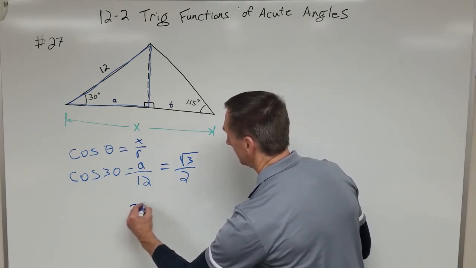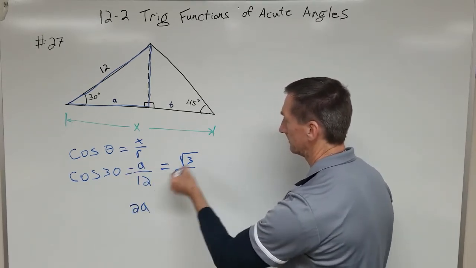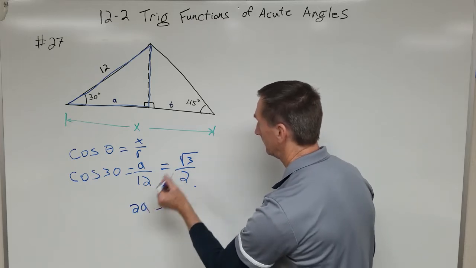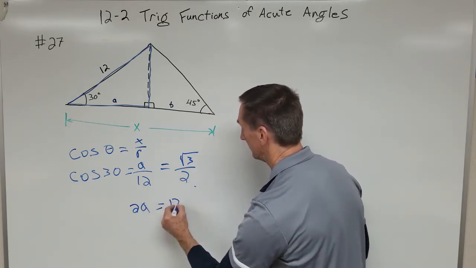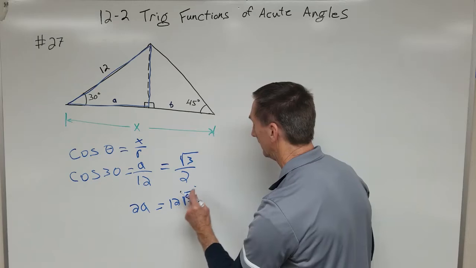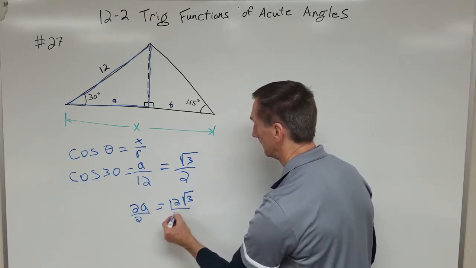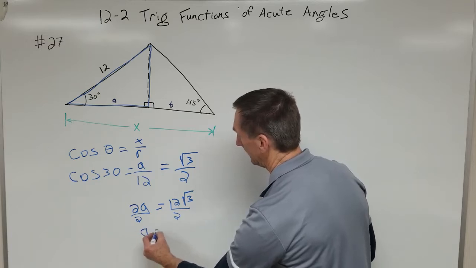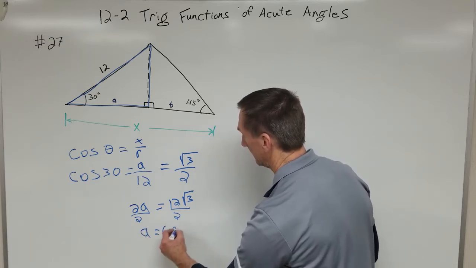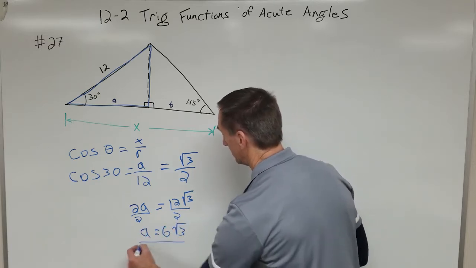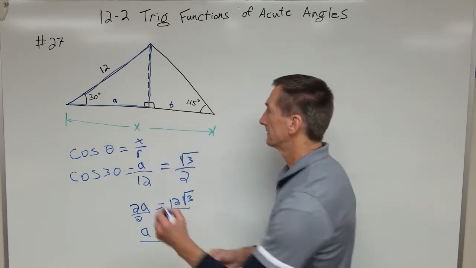So 2A times 12 square root of 3 gives me 12 square root of 3. Solving for A, divide both sides by 2, and that yields A is equal to 6 rad 3. Okay, so I know A, 6 rad 3.